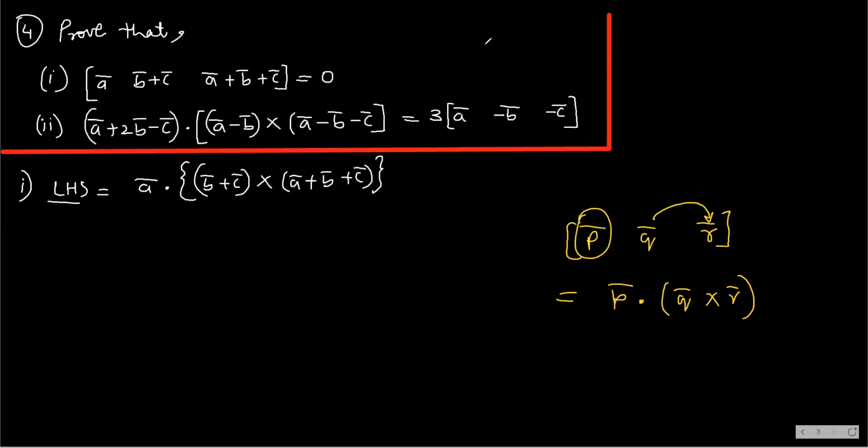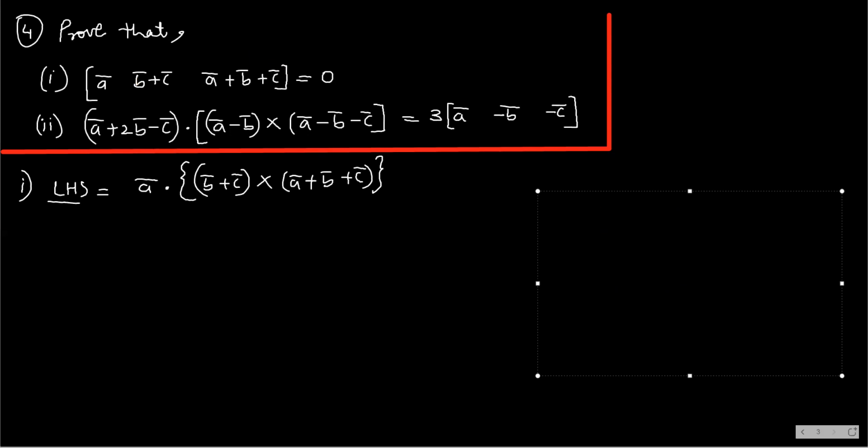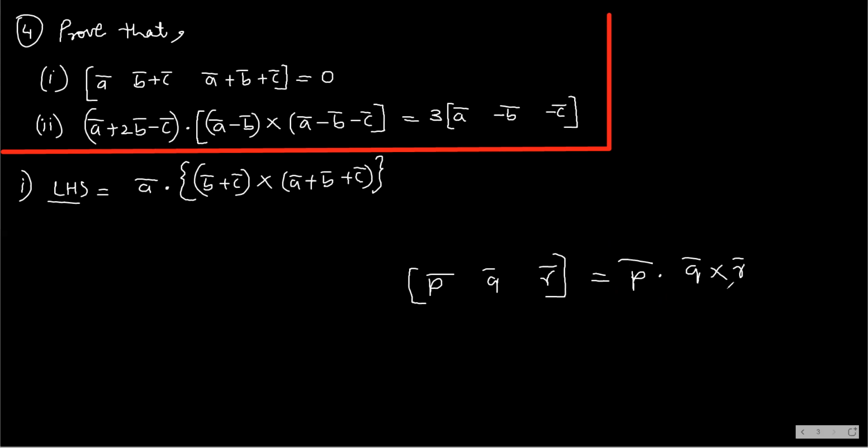Now, the next thing that I will do here is, see, students, one thing is very important here. I want to make it very clear that when I have the box of three vectors like P bar, Q bar, R bar, then I will write it as P bar dot Q bar cross R bar, right? This is by definition.